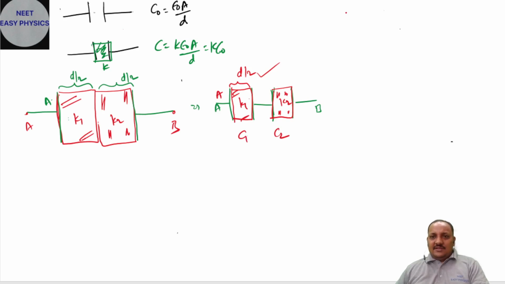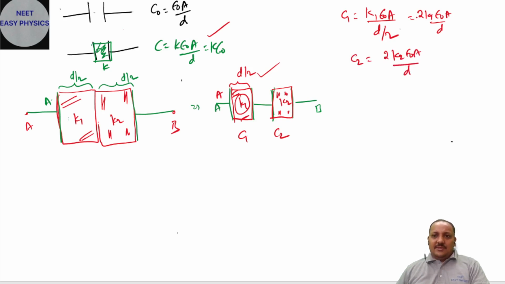From the diagram, C1 is K1 epsilon naught A, total area it is occupying, but the separation is D by 2. Therefore C1 is 2 K1 epsilon naught A by D, and like that C2 is equal to 2 K2 epsilon naught A by D.